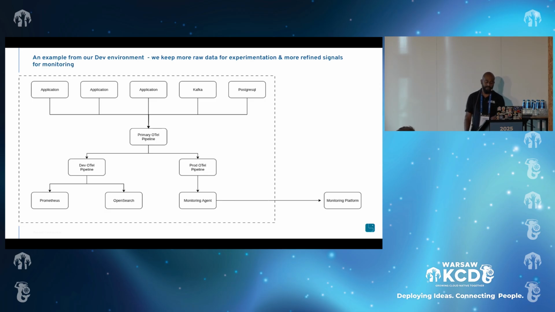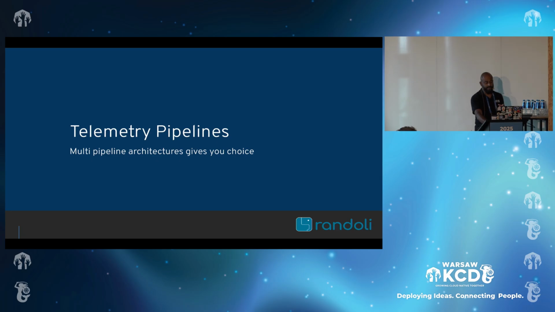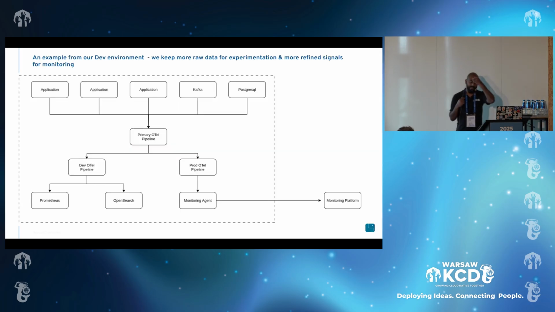So the difference here is that you're categorizing the data. You're tiering your data, and you can think about retention differently now.